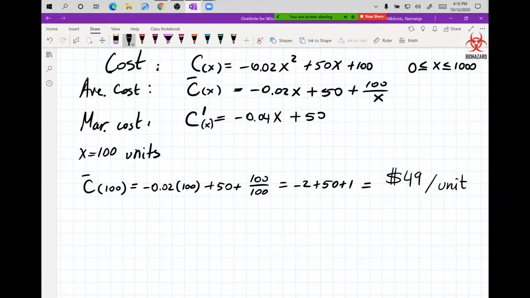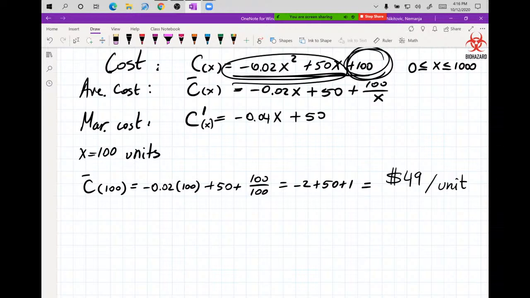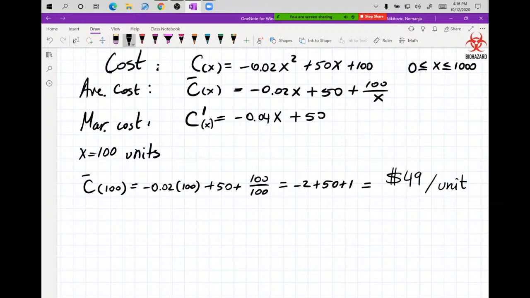So if I am to make 100 units with the cost function, now remember, cost function had the fixed cost and had the variable cost over here. Variable cost has these variables per unit made. And the fixed cost is machines and whatever, salaries and everything else. So it seems that if I want to make 100 units, each unit on average costs me $49 to make it.